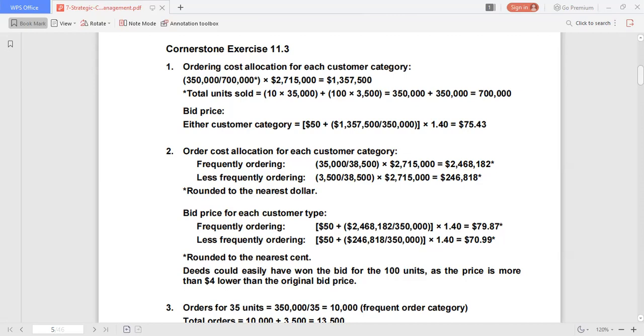Current practice allocates ordering cost in proportion to the units purchased.